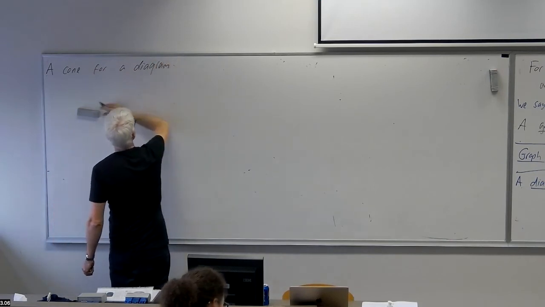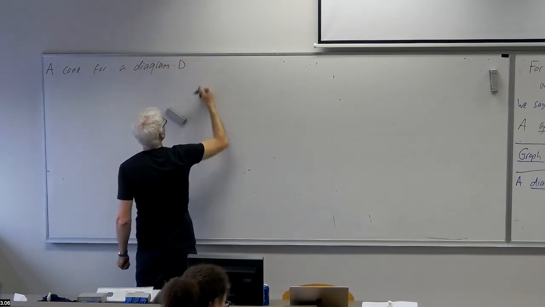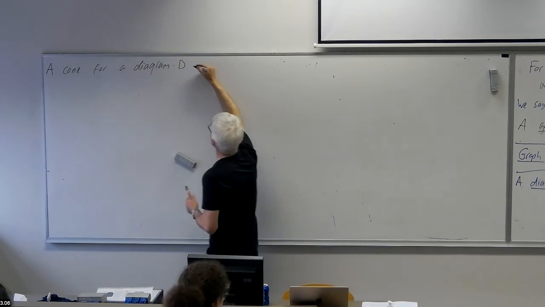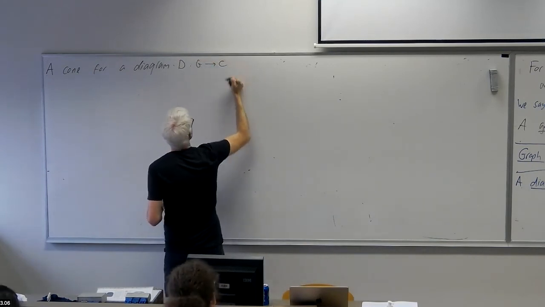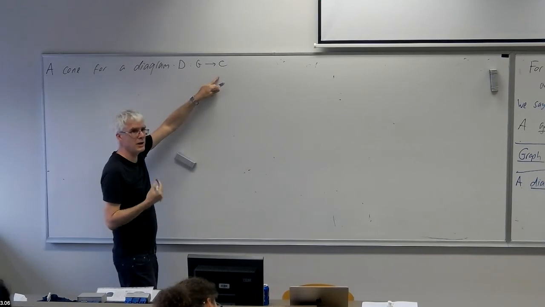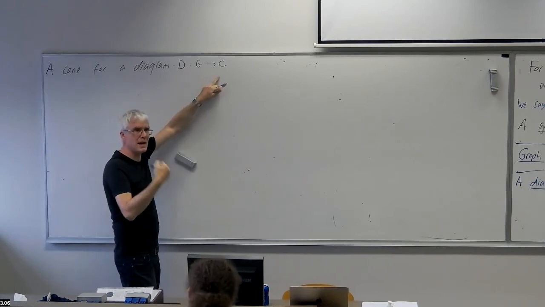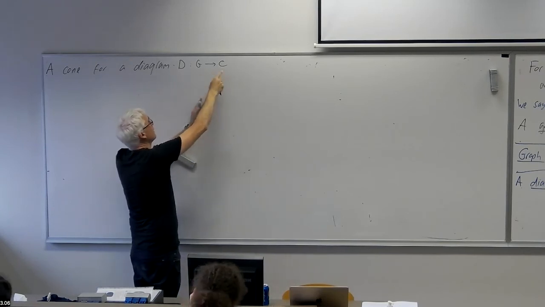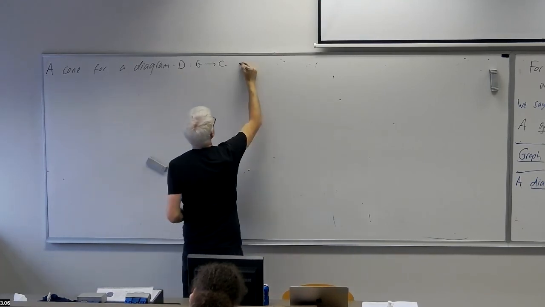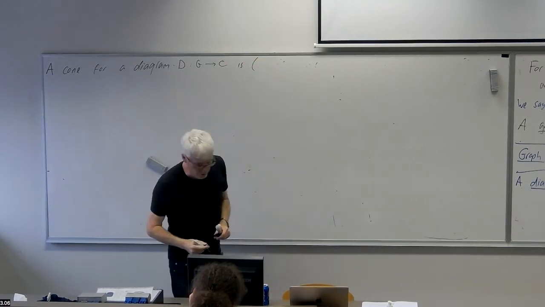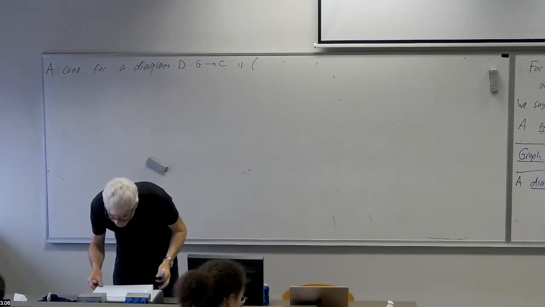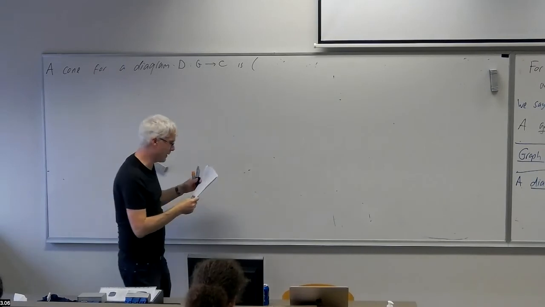Okay, well, let's think about what it should be. So for the diagram D, let's write the G in. So given my graph shape G into a category C, a cone is going to be an object together with maps to all the objects in the diagram that we've got in D. So it's going to be given by, and now I do want to refer to my notes just to see what letters I used, which I've forgotten, even though I wrote it only a few hours ago.